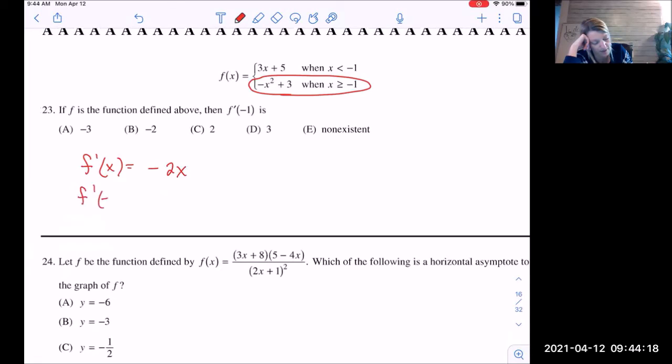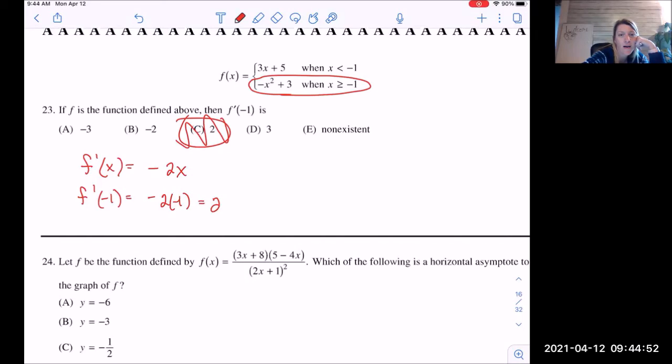And so F prime of -1 is positive, -2 times -1, so +2. Nope, that's not right. My bad. See, that's why I look at answers.